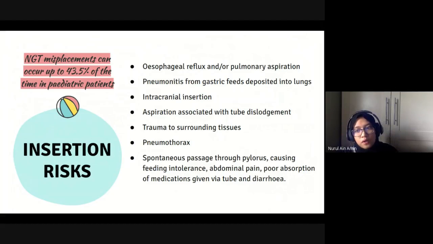Sometimes we can have pneumonia, pneumothorax, respiratory failure, and even death. And we also have risk to damage the patient's skin.